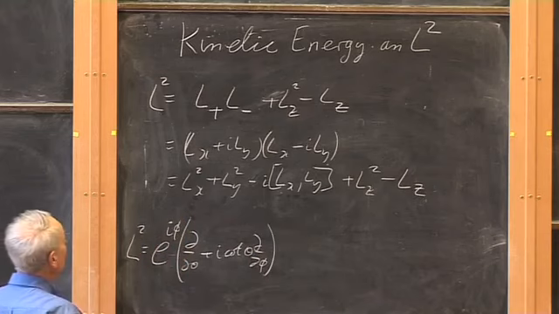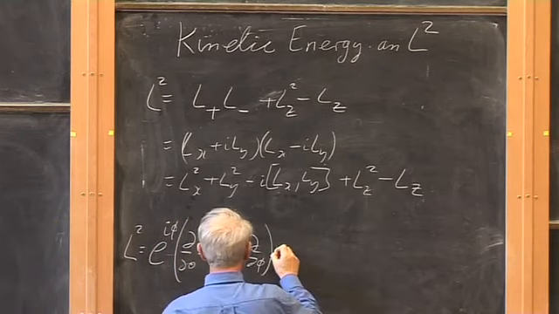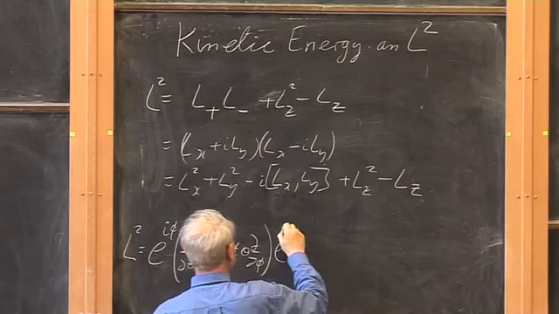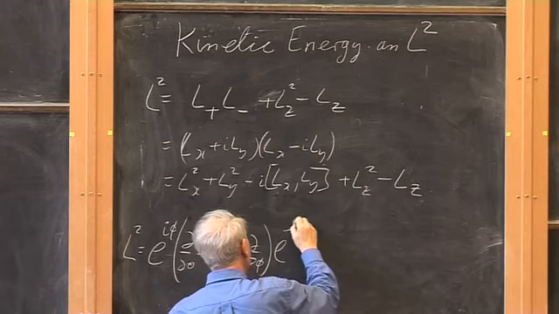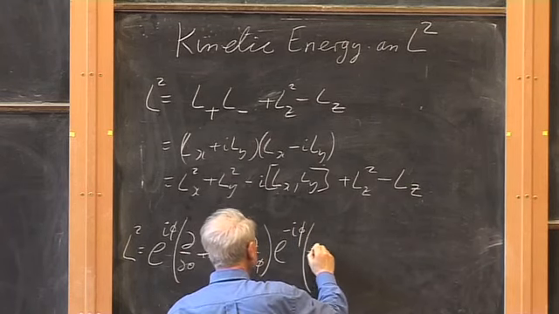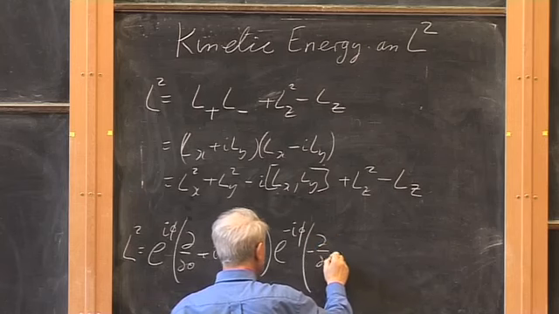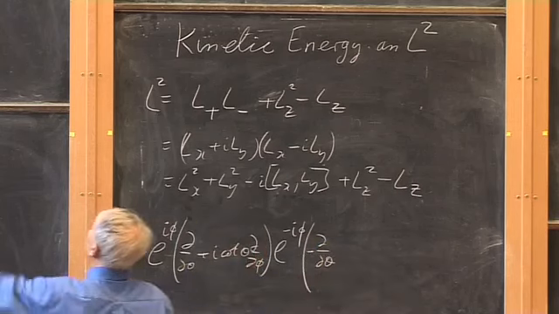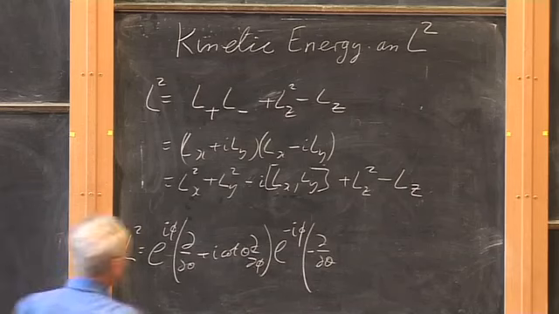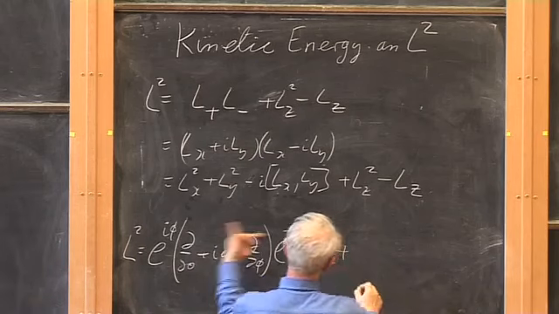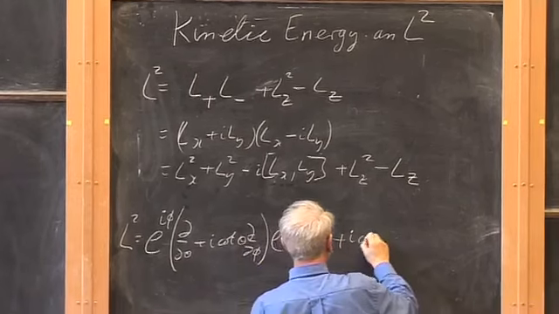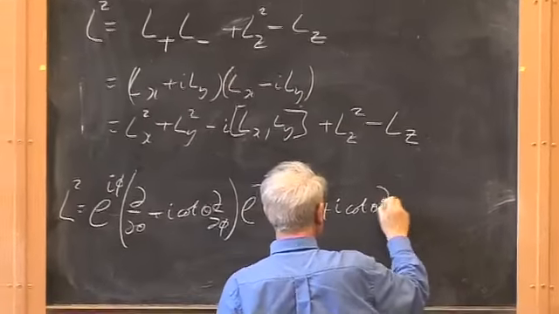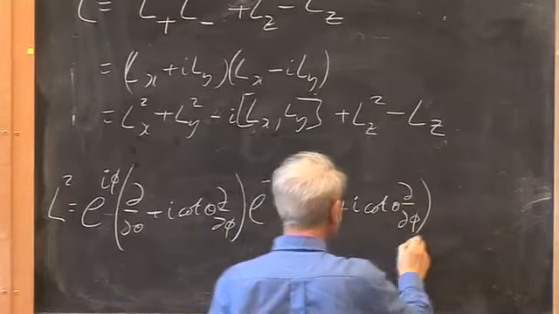And that should operate on L minus, which is, taking the minus inside the bracket, e to the minus i phi, d by d theta, plus i cotangent theta d by d phi.